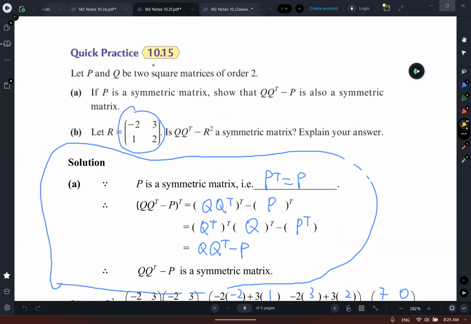That is QQT, not QQT minus P, because that's quite difficult. But for any matrix, QQT is symmetric. Think about it. For any matrix, QQT is symmetric.